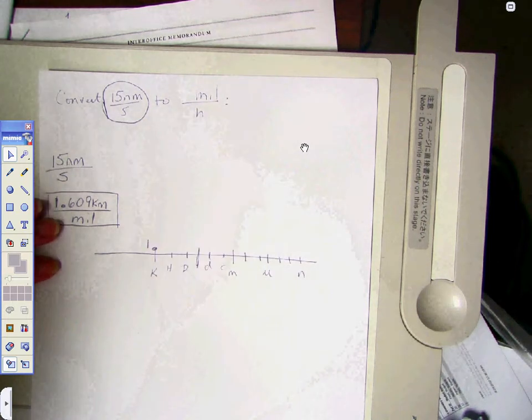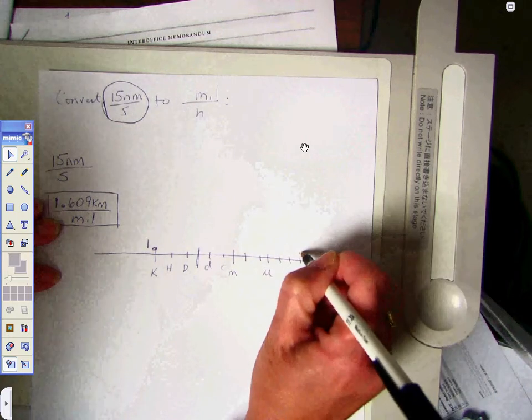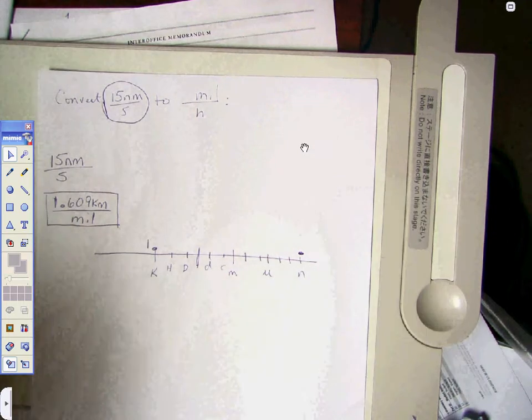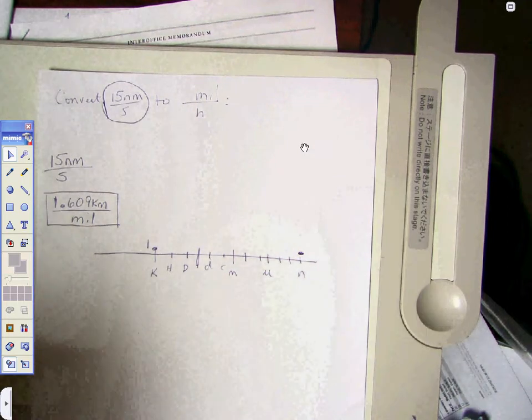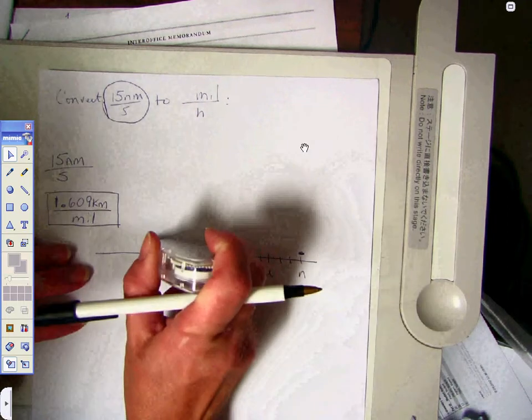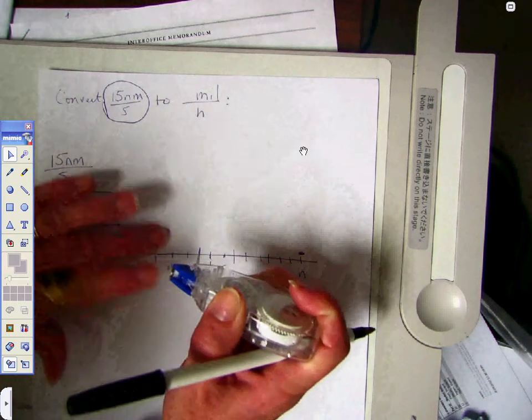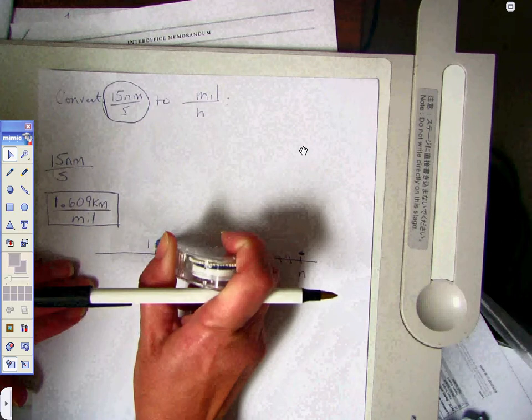If I have 1 kilometer, I'm going to have how many nanometers? So I'm going to pick up that decimal and move it. I don't have a pencil to erase, so I'm just going to cover up that decimal there.